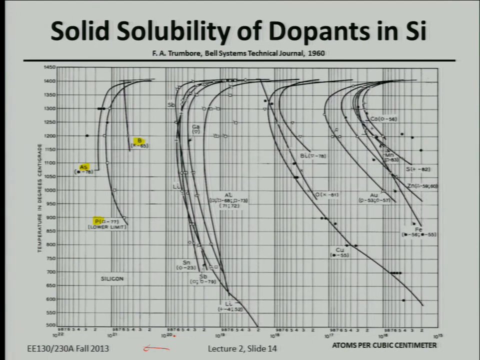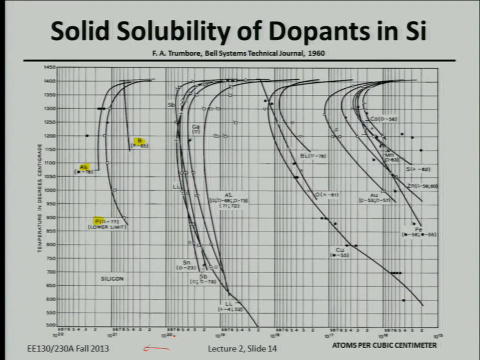These three dopants, phosphorus, arsenic, and boron, have high solid solubility, so you can incorporate a larger percentage, up to or more than 1 atomic percent in silicon. That's one reason why they are the most commonly used dopants in silicon. All the other dopants here have much lower solubility.